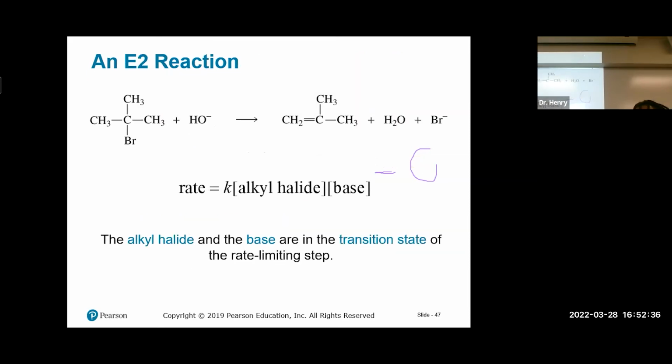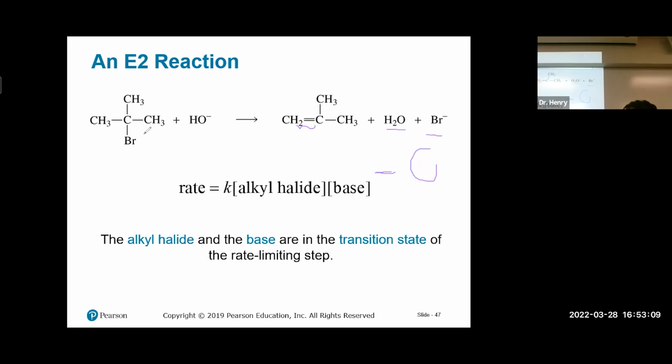Okay. So here, this is an E1 reaction. We're adding a base to our alkyl halide. As a result, we end up with a double bond forming. Here, we end up with water and the bromine ion.